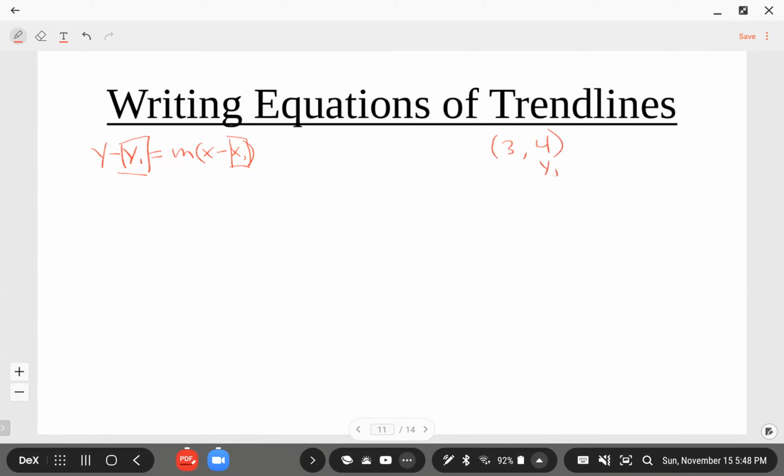This would be y1, that's the y value, and this is x1. The x and y are just general points. You don't substitute anything in for them. And m here is the slope of our trend line.